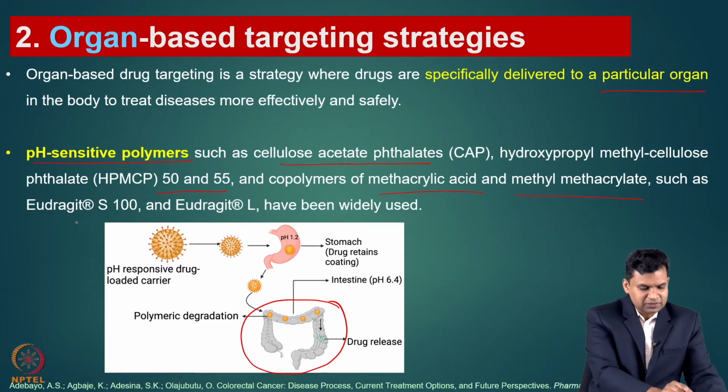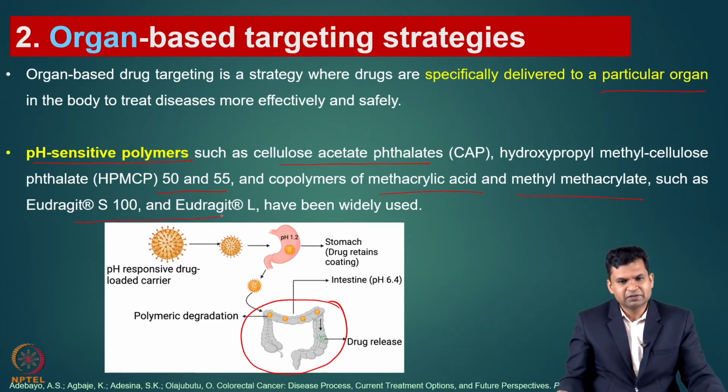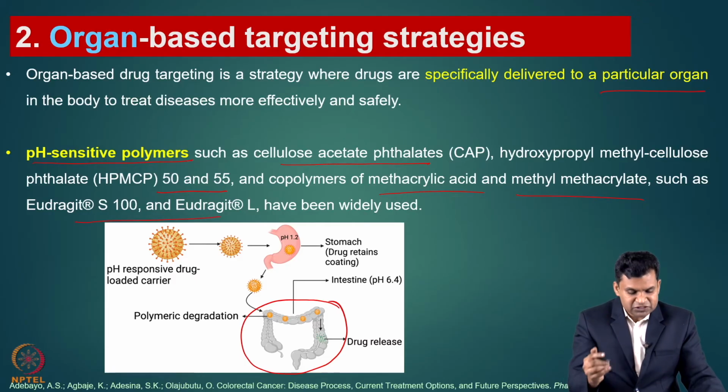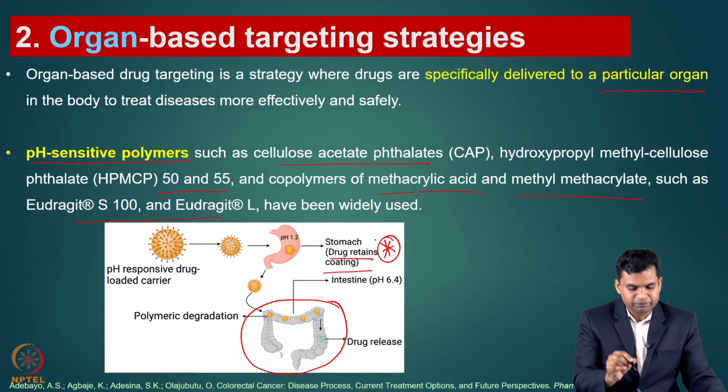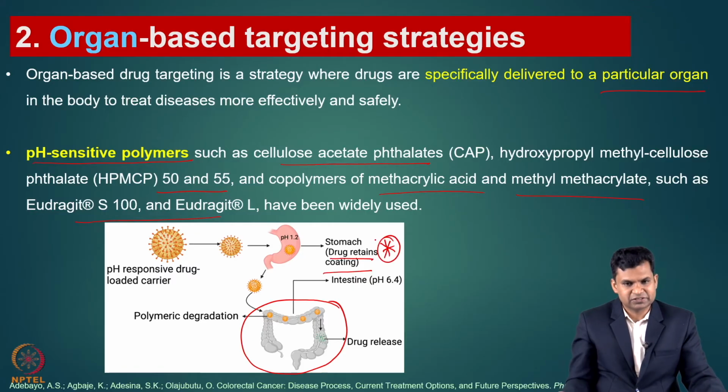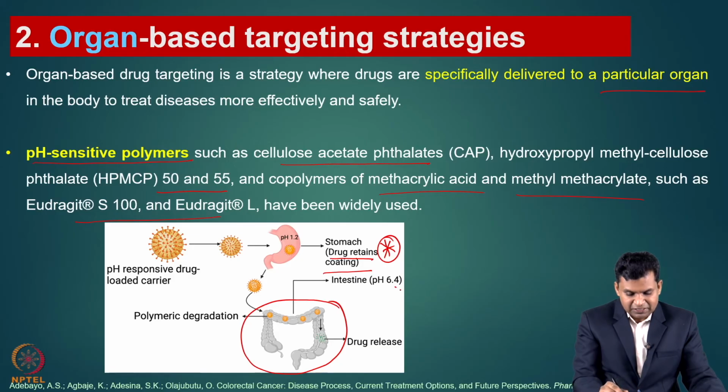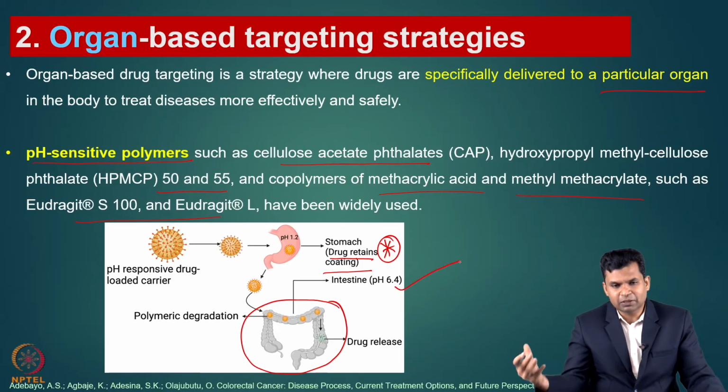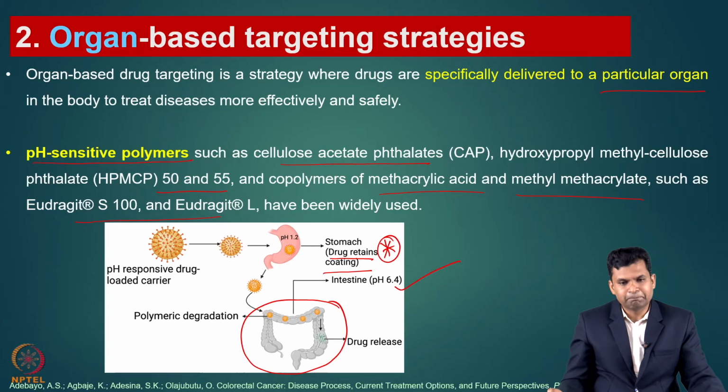These are some of the polymers which work as pH sensitive polymers, which will not dissolve at the lower pH. These are the polymers which will specifically release, and the drug will come out at the intestinal pH.